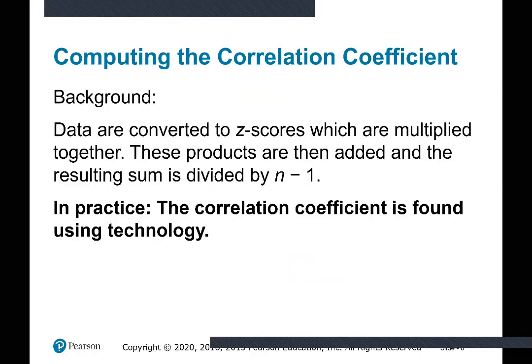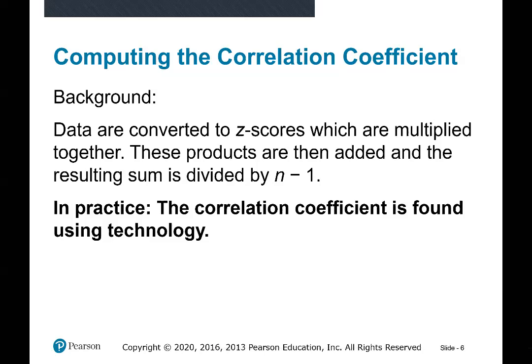Okay, computing the correlation coefficient. For the background, the data are converted to z-scores, multiplied together. These products are then added, and the resulting sum is divided by n-1.